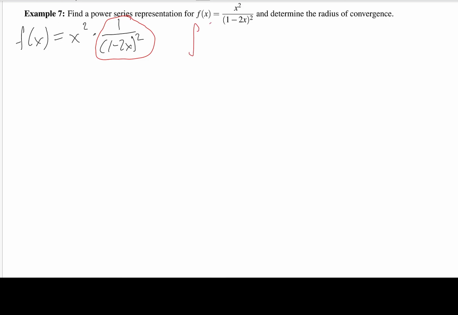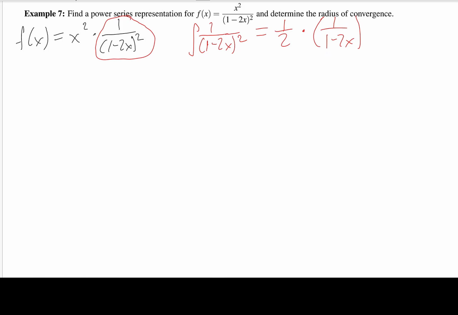Okay, so the integral of 1 over 1 minus 2x squared, that would be equal to 1/2 times 1 over 1 minus 2x. We should have the plus c, but we know we're going to take a derivative later on, so the plus c doesn't really matter. If you're wondering where I'm getting these integrals from, I'm doing u sub on our denominator, not including that exponent of 2.